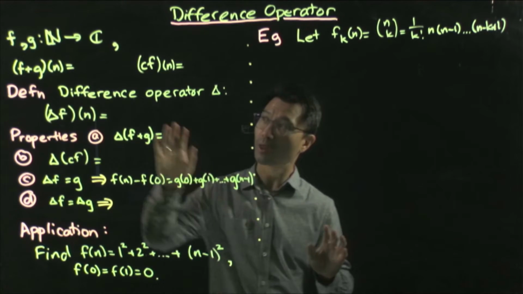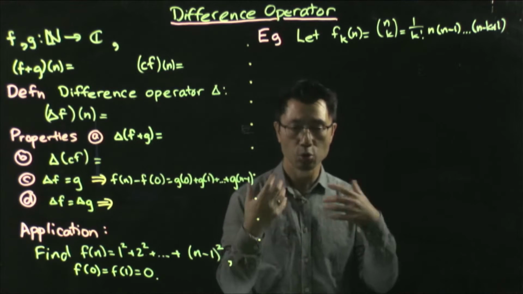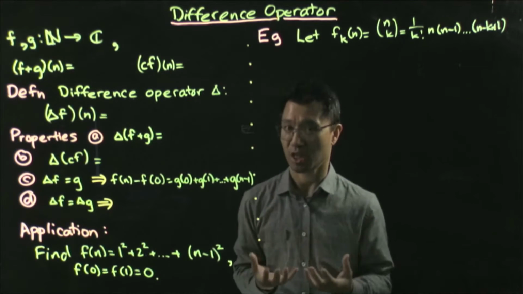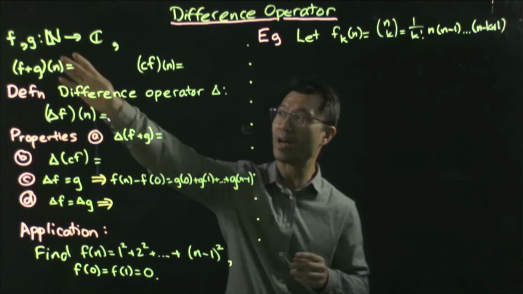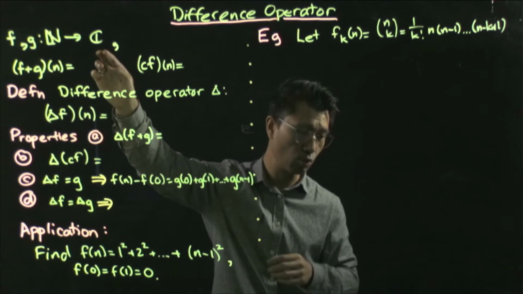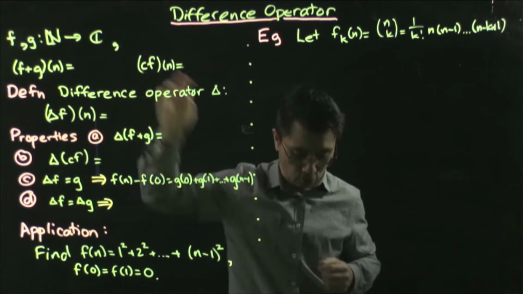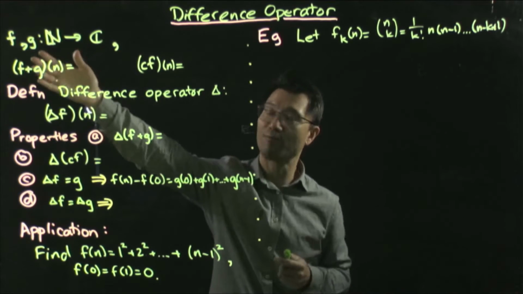Okay, to start off with, we'll consider two sequences, f and g. But to emphasize the analogy with functions that you see in calculus, I want to think of these as functions. Functions from the set of natural numbers N to, let's suppose, the complex numbers, so to C. So what do I mean by that, and how does that give rise to a sequence?